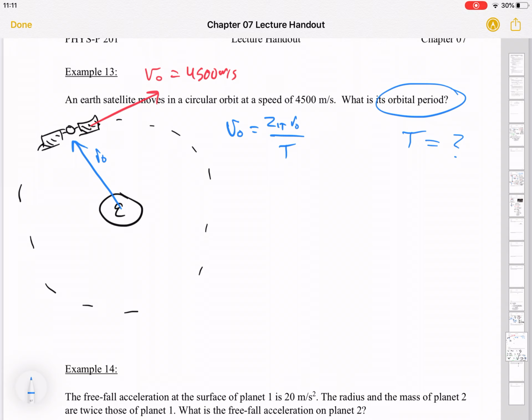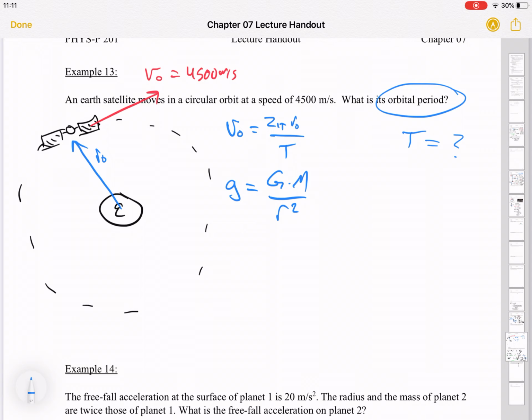So what other equations do I have? Well, I have that g equals GM over r squared. But I cannot assume that at r naught. What is that going to give me? I could maybe guess that I could use that to solve for r, right? And then go back and solve for the period.